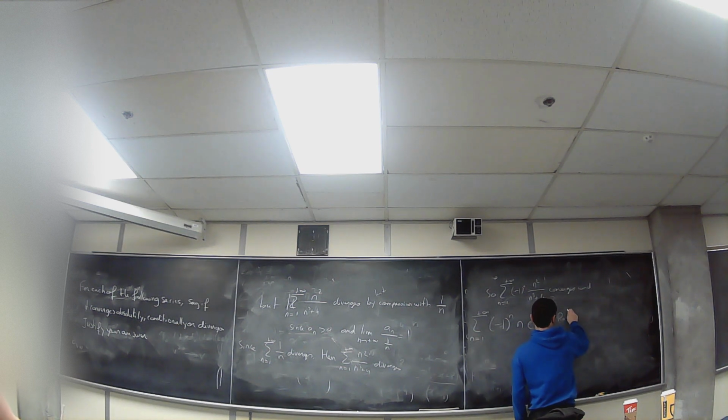So let's try the ratio test. Okay, so I take a_n. What is a_(n+1) over a_n in absolute value? Let's do this. The minus 1 to the n, we don't have to worry about it.